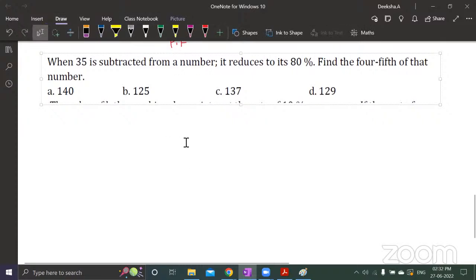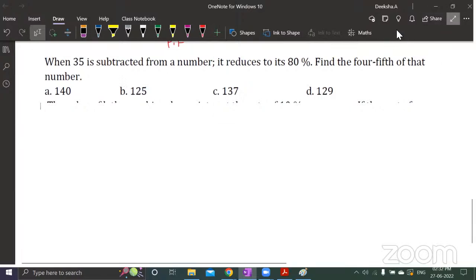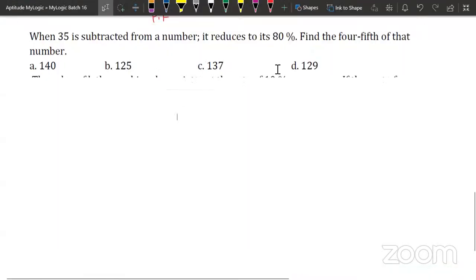Okay, see here, we have a question which says 35 is subtracted from a number. It reduces to its 80%. Find 4/5 of that number. See here, this question, we have percentages given. Also, we can solve it by framing equations. Now we are supposed to find 4/5 of a number.